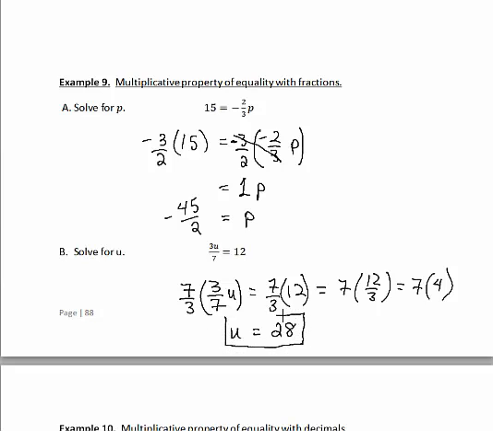In the end, u equals 28 is the solution. And again, you could take 28 and plug it into the original equation, and you'd get 12 once you calculated the left-hand side. But I'll leave that to you.